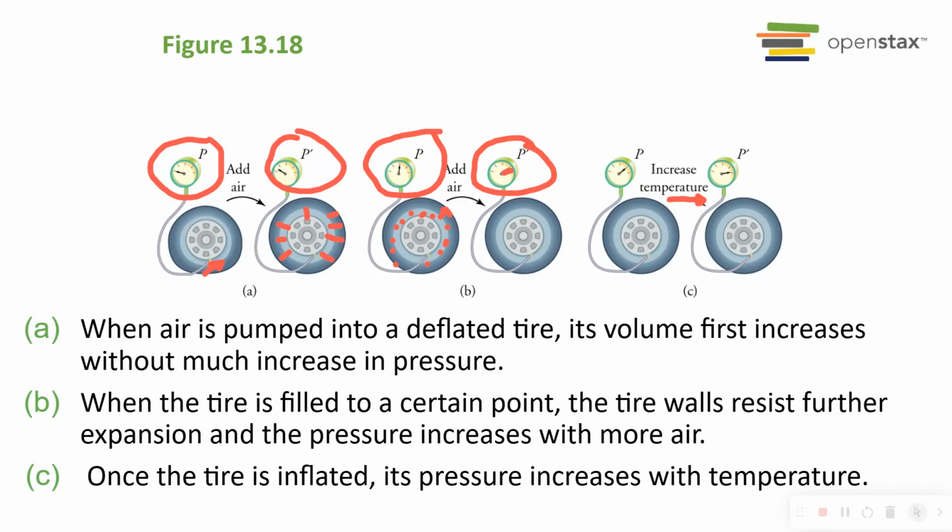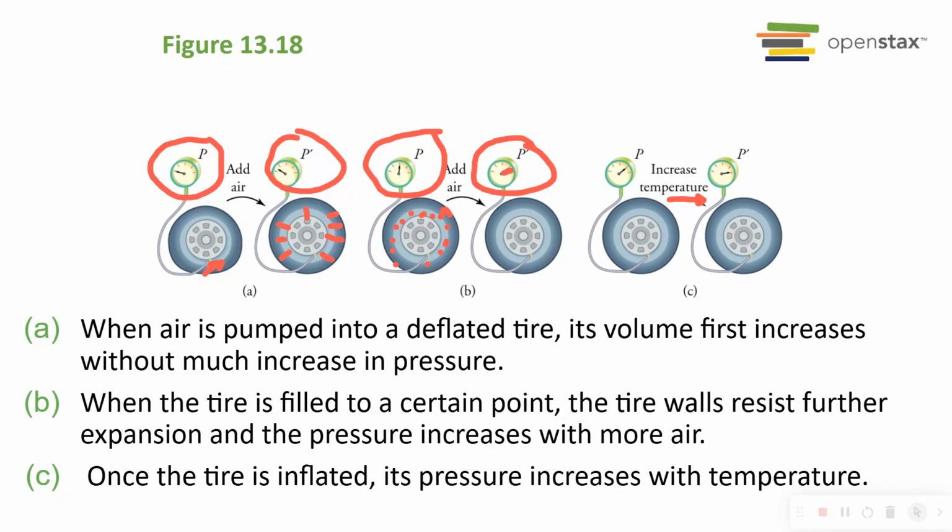That's also why, if you buy tires in the summertime, and this happens to me all the time, I always buy tires for my car in the summertime, and they put the tires on my car and it's pumped up.